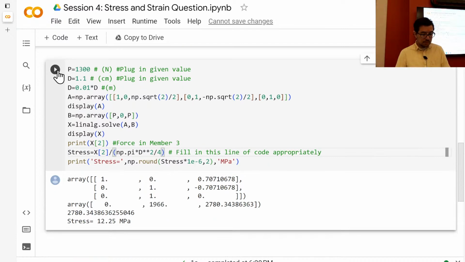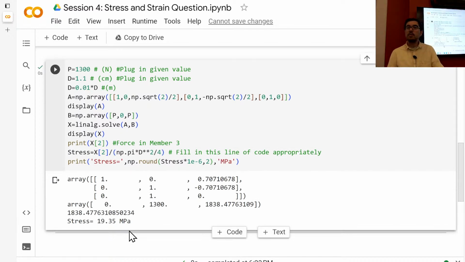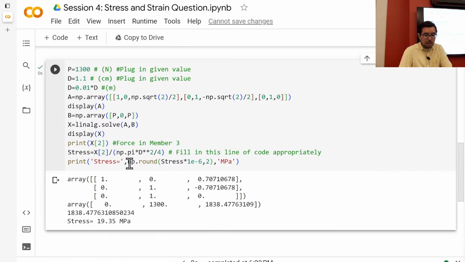Then it spits out the answer. Note, the code is also giving you the answer in megapascals. This answer is in pascals, and to go from pascals to megapascals, we had to divide by 10 to the 6 or multiply by 10 to the minus 6. Hopefully that will be helpful.